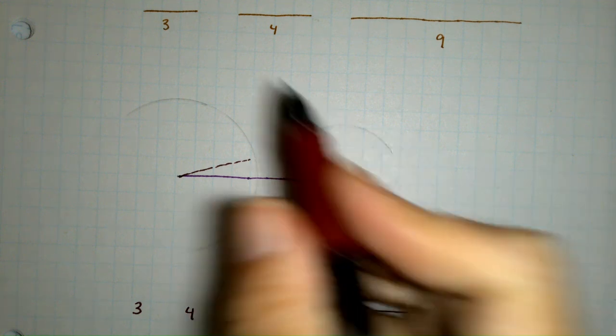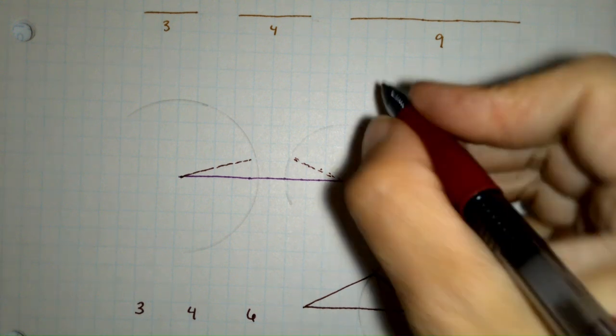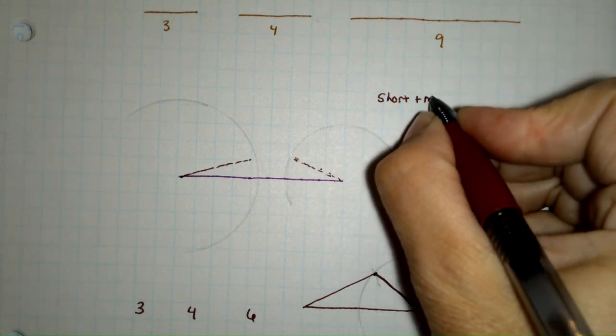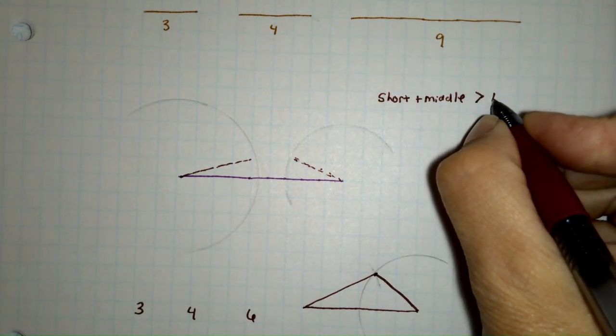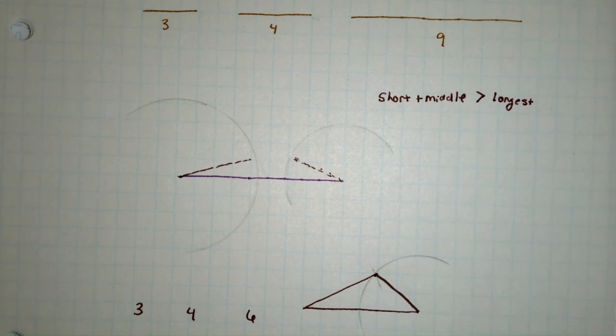Otherwise, you can't even add these 2 segments together to make the long base. So your short plus your middle has to be more than your longest. Otherwise, you can't physically make a triangle.